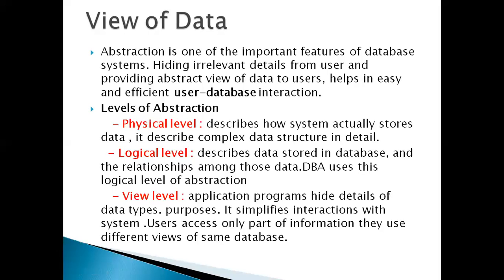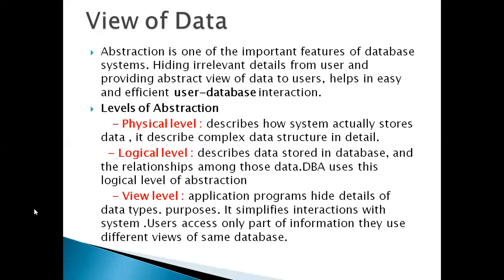It describes complex data structures in detail. Above the physical level, logical level is there. It describes the data stored in database and the relationships among those data. DBA is at this logical level of abstraction. DBA is database administrator.